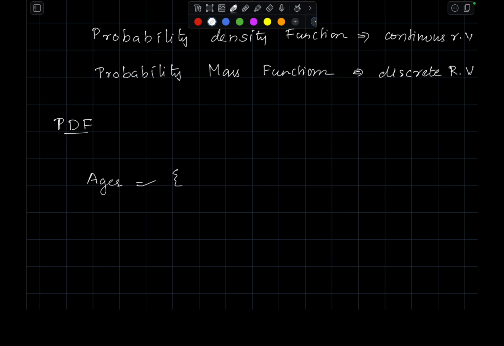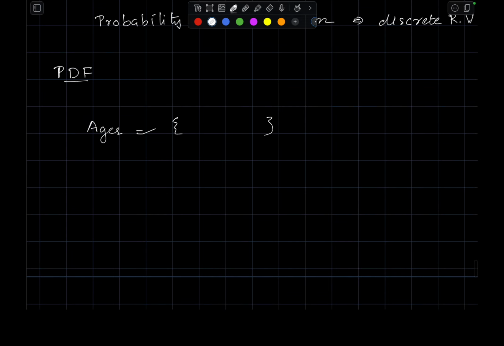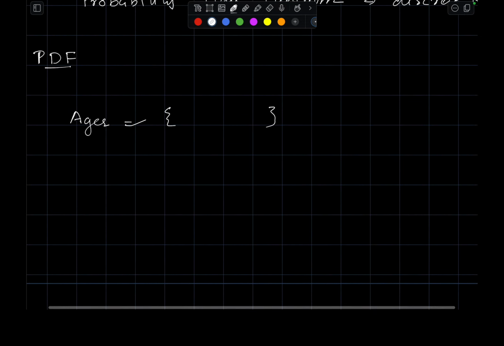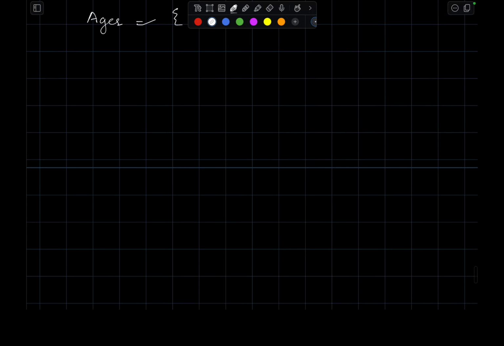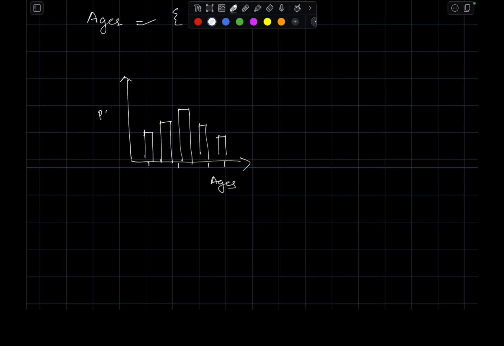So we have ages distribution, and if we try to plot the ages, let's say in terms of interval, and we have histograms, and the smoothened out histograms will give the probability density functions.